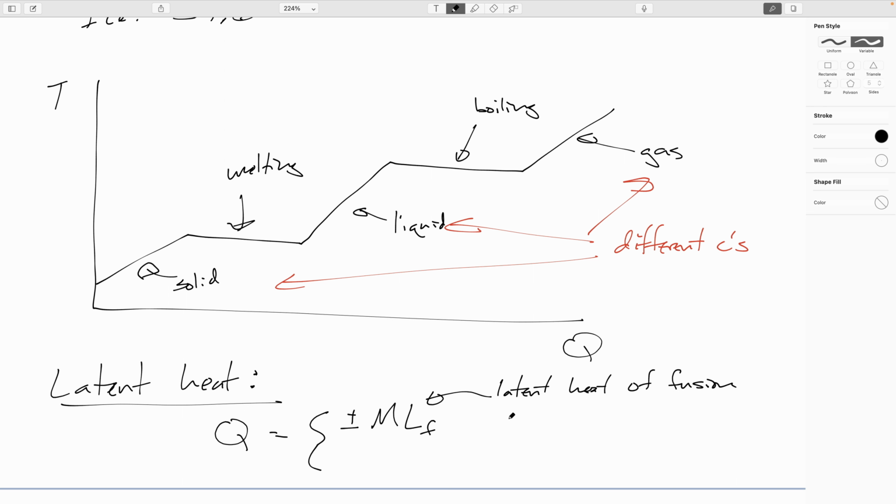And so this is if you're melting or freezing. And similarly, if you're boiling or condensing, we use L_V for the latent heat of vaporization.